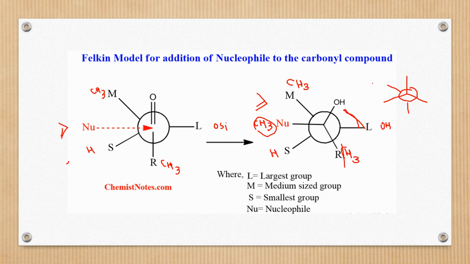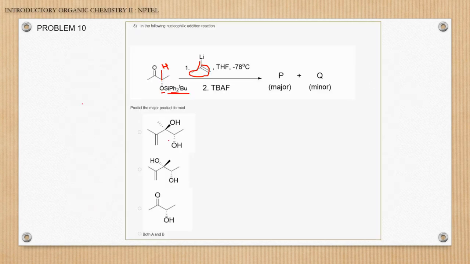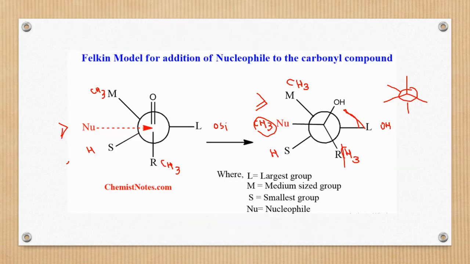Okay. So now you have to draw with anti this and anti methyl. Right. If you draw it with anti this and methyl group at anti, just tell me the substituent. I have told you previously.